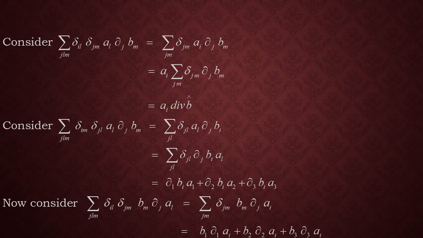Now let us select the part 2 of the previous expression. The part 2 is given by summation sigma over jlm delta suffix im delta suffix jl al dou j bm. In this expression, we contract delta suffix im. That means delta im equals 1 if i equals m. If i is not equal to m, delta suffix im equals 0.